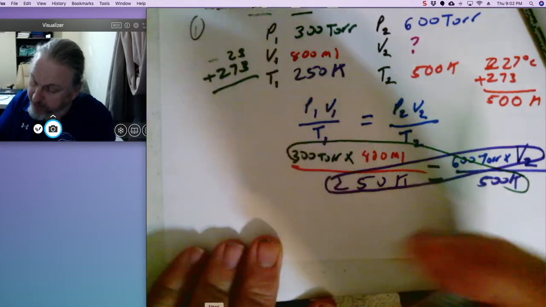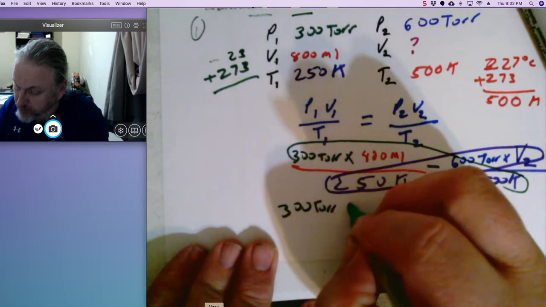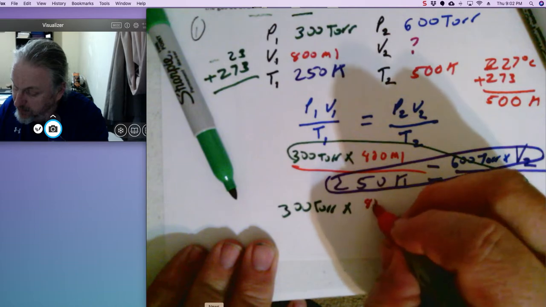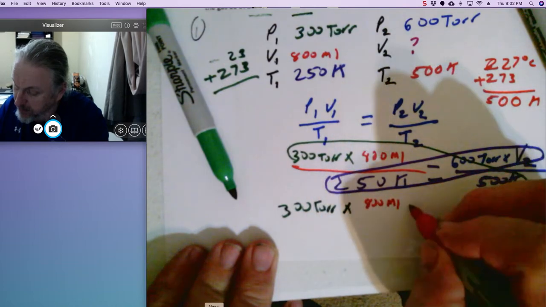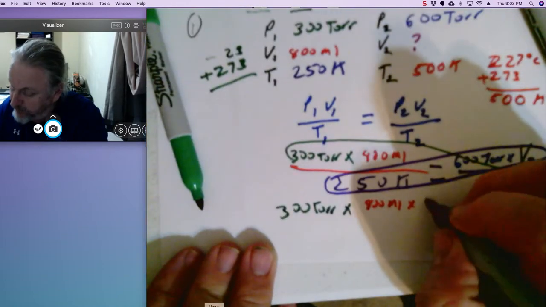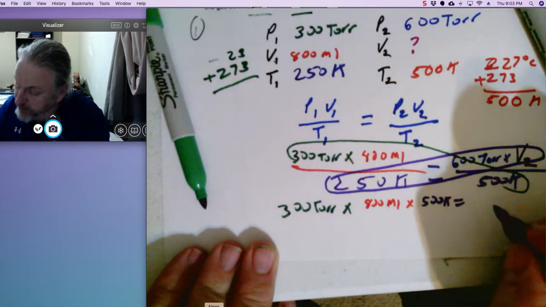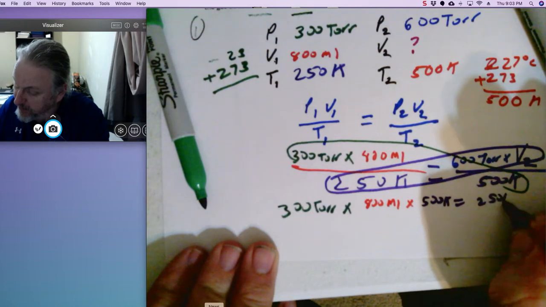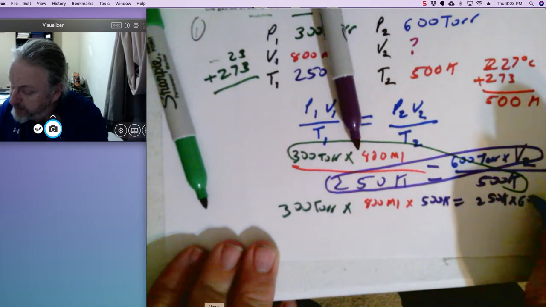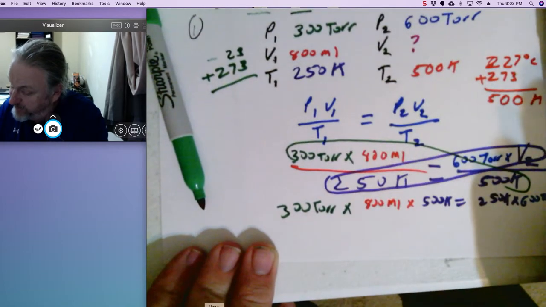My 300 torr times 800 milliliters times 500 K equals 250 K times, hold on, I'm going to run out of room, 600 torr times V2.